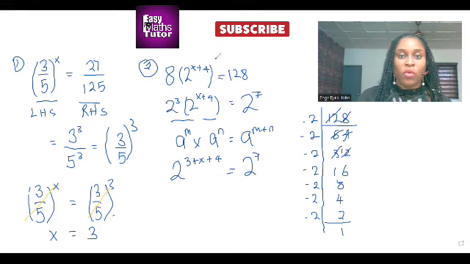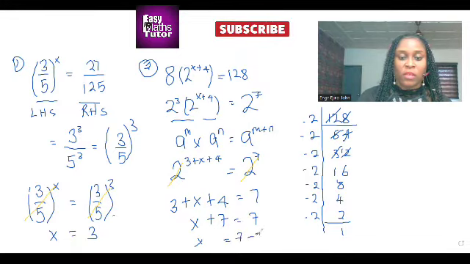So if we go right ahead to cross out the bases, we are going to have 3 + x + 4 = 7, which is the same thing as x + 7 = 7. Therefore, x will be 7 minus 7 equal to 0.